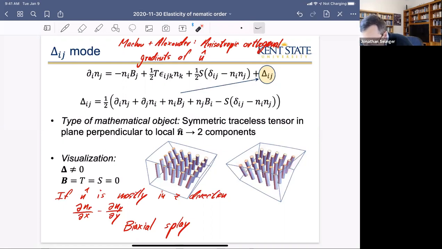And if you go along the other diagonal, it tips inwards. So this is described by the derivative of nx with respect to y plus the derivative of ny with respect to x.